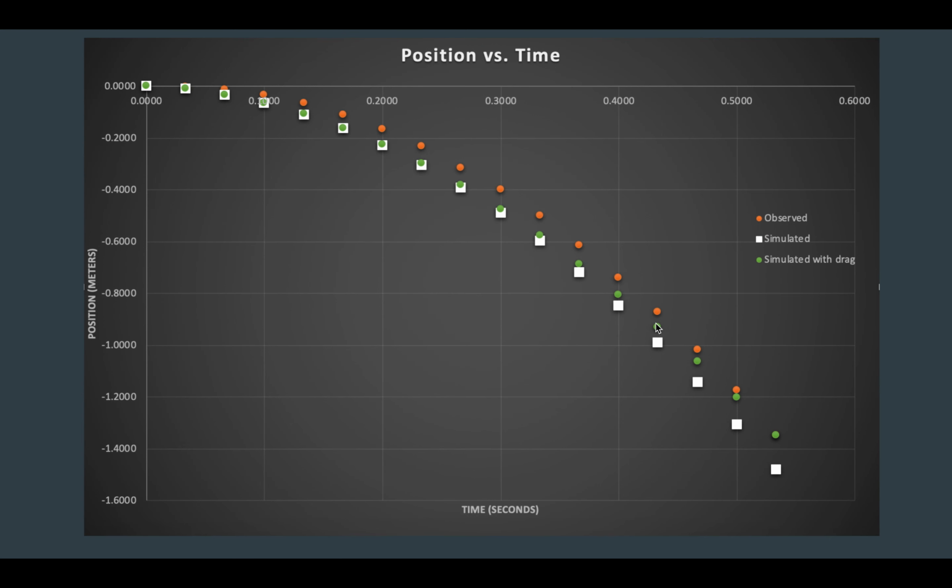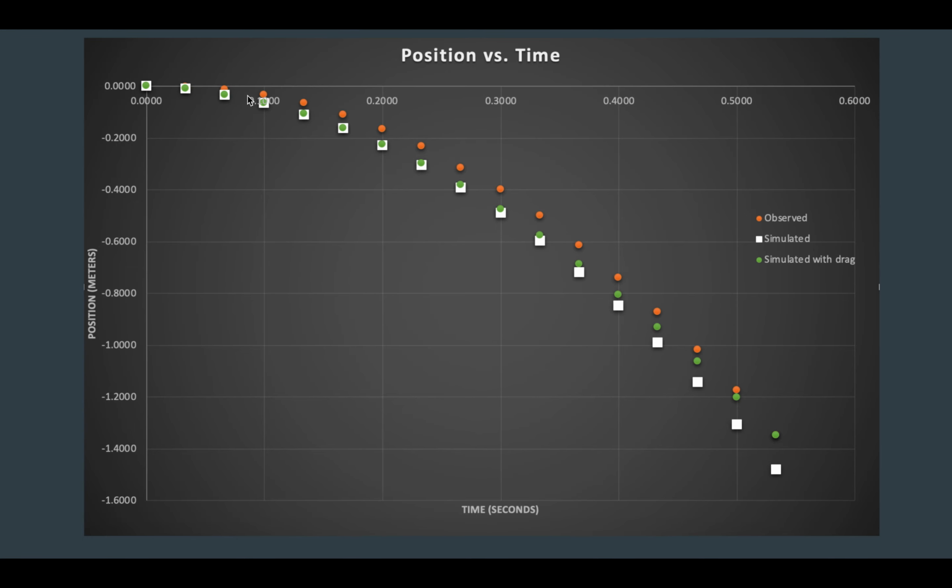Here is a graph of my ball's position over time and the simulated models of the position over time. We'll see initially that the white square, which is the simulation without drag, has a steeper slope, which means that it has a higher velocity. Because there's no drag affecting it, it's able to reach a higher velocity.